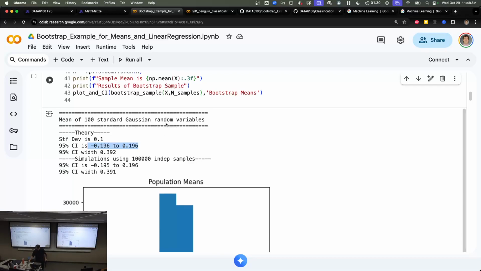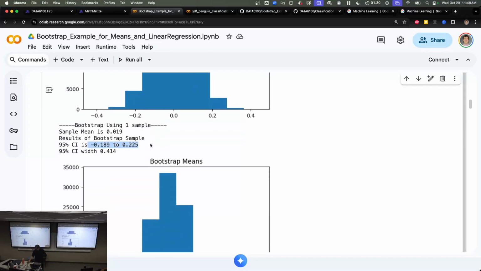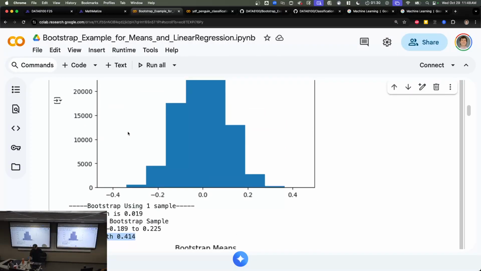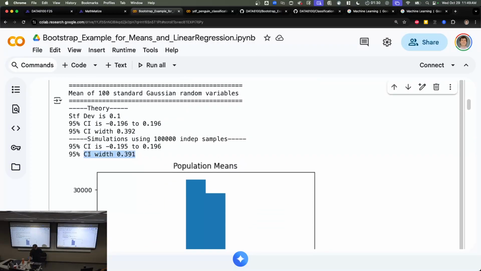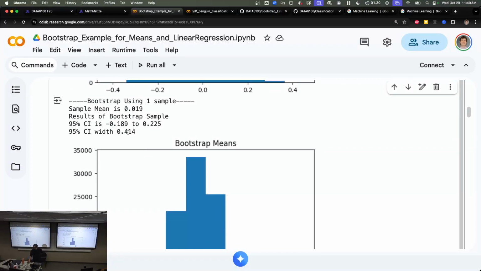This one is a little bit shifted to the side, which is not surprising because the true thing is mean 0 and our one sample is a little bit larger. So the whole thing is shifted over a bit, but the important thing is that the width is approximately right. The width of the confidence interval is 0.4, and in real life, the width is 0.4. So this whole bootstrap game is quite good for estimating the width. And this is the main use of the bootstrap.